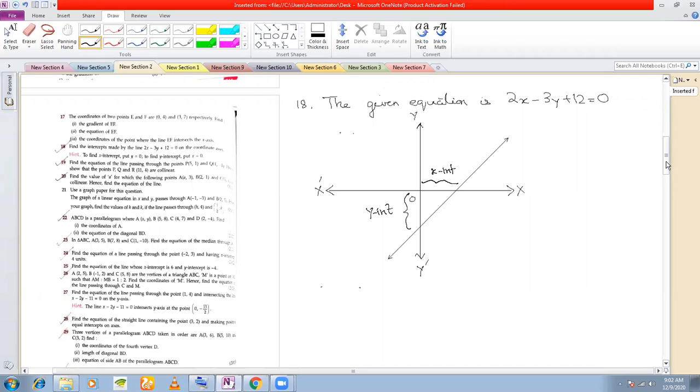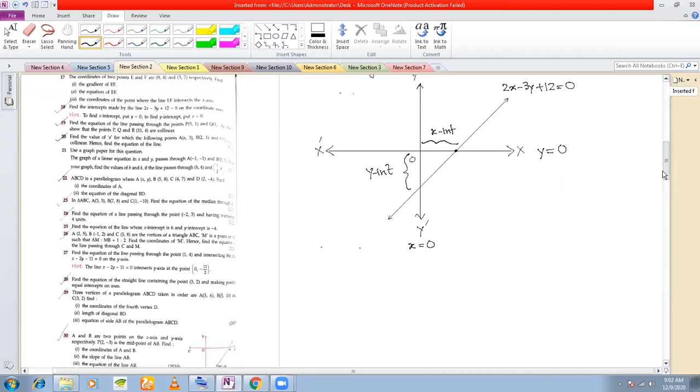Now see here, we know that the equation of the x-axis is y is equal to 0. I told you in the beginning that the equation of the x-axis is y is equal to 0, and the equation of the y-axis is x is equal to 0. And this point is the point of intersection of 2x minus 3y plus 12 is equal to 0 and the x-axis.